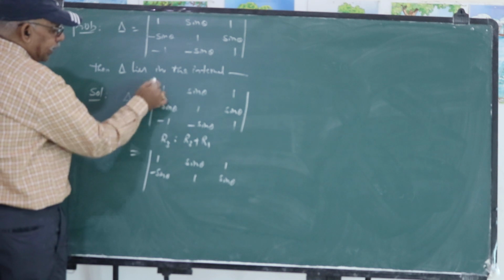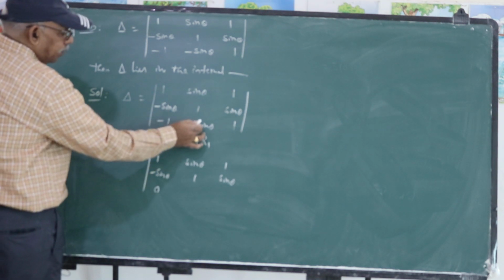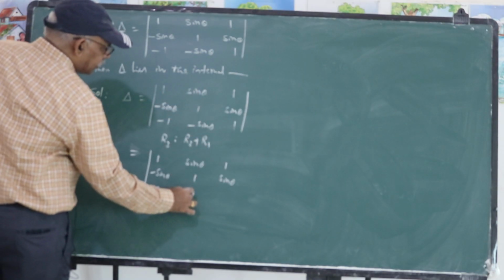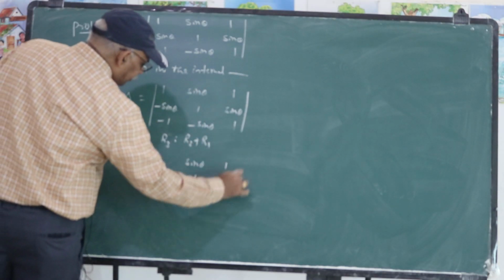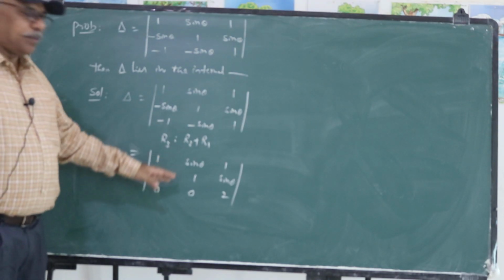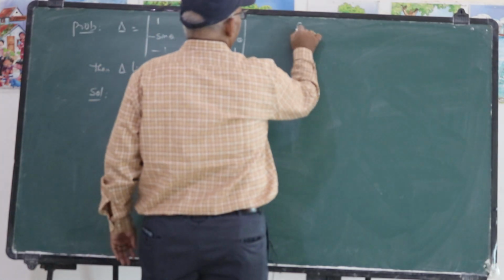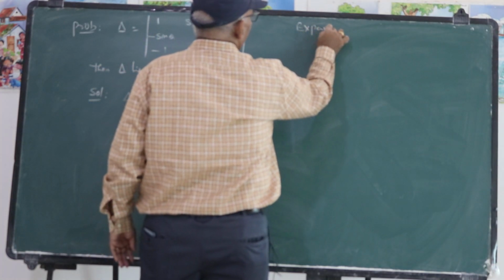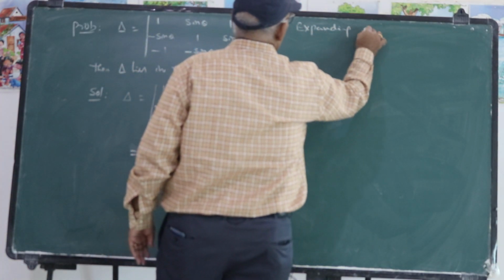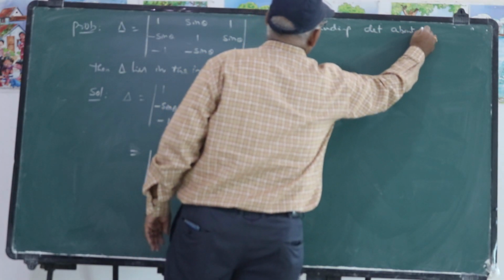Adding these two, minus 1 plus 1 is 0, minus sin theta plus sin theta is 0, 1 plus 1 is 2. Now expanding the determinant about third row R3.